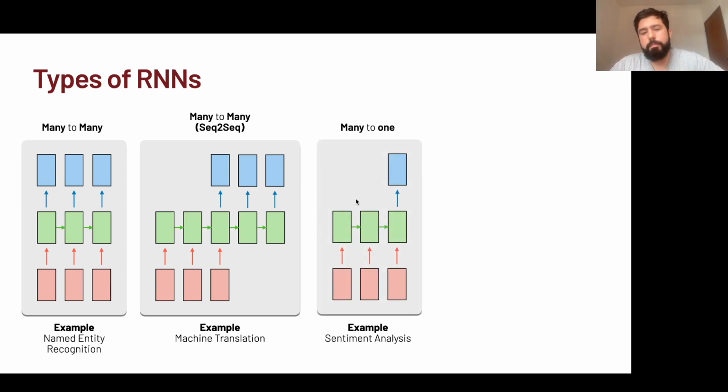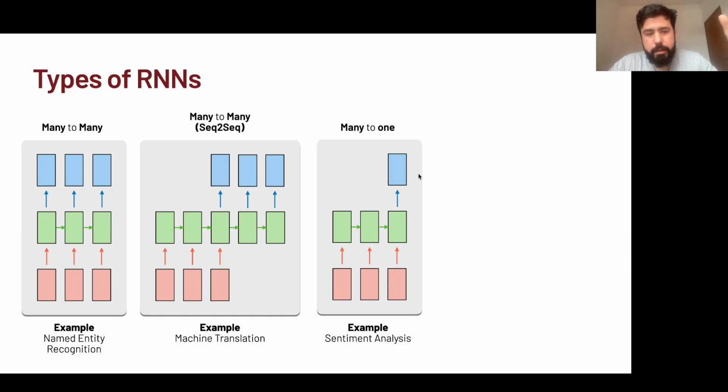Another one is many-to-one. In this case, we have many time steps in the input, but only one output at the end. Okay, and a good example is sentiment analysis. When you are computing the sentiment of a sentence, and let's think about a binary sentiment analysis, you have either positive or negative sentence, you need to process every word in that sentence to produce one output, right?